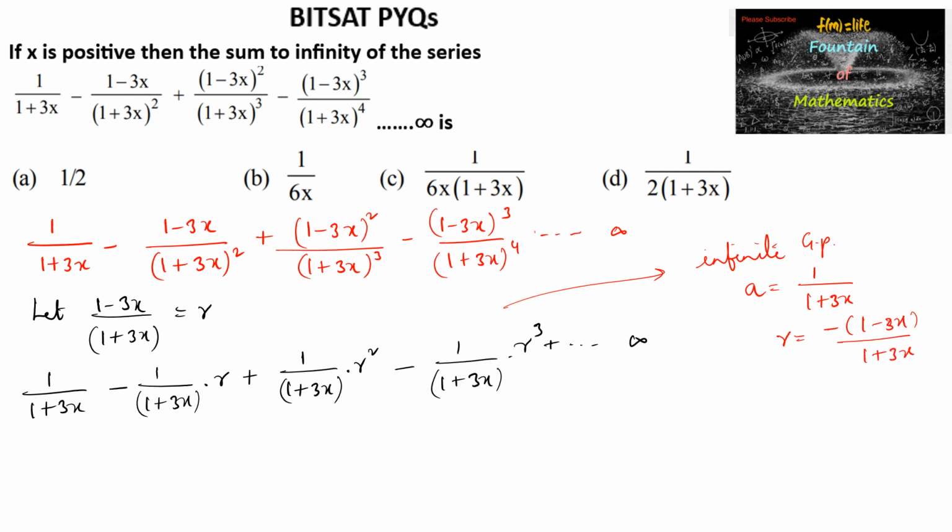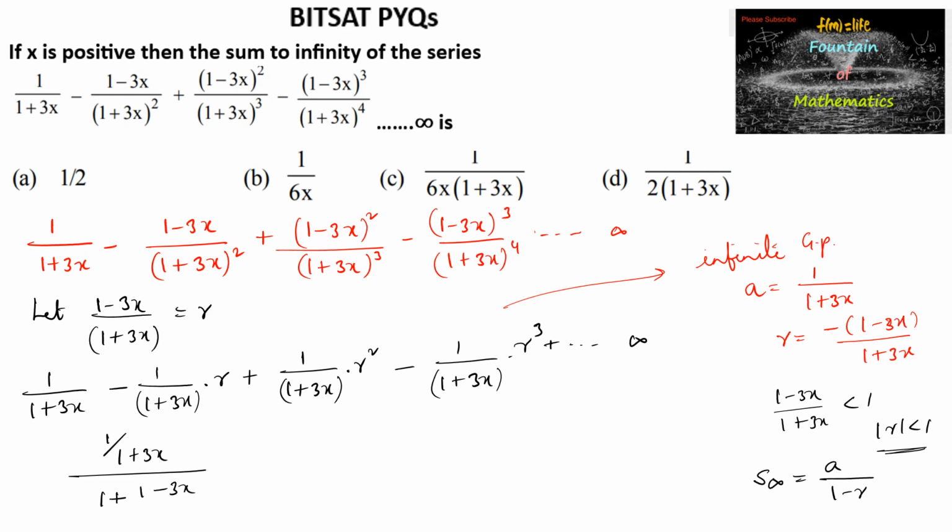Since x is positive, (1 minus 3x) upon (1 plus 3x) will be less than 1, so we can say mod r is less than 1. So we can apply the formula: sum to infinity is equal to a upon 1 minus r. So the sum to infinity is 1 upon 1 plus 3x divided by 1 minus of plus (1 minus 3x) upon (1 plus 3x).